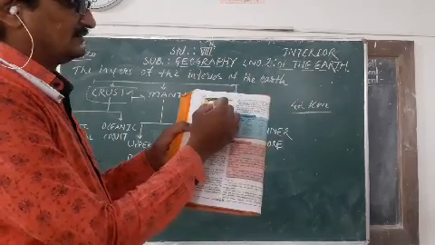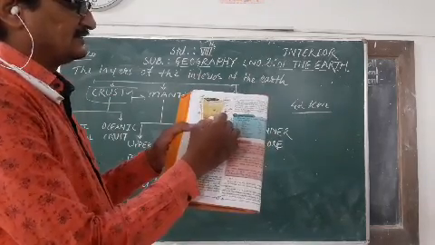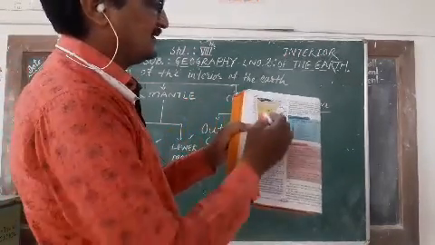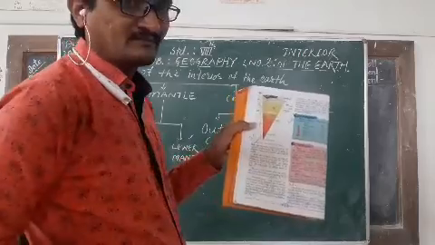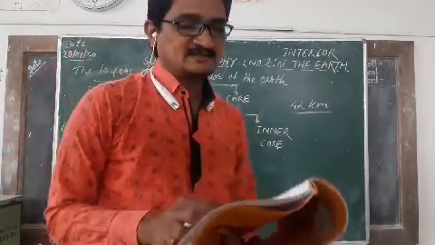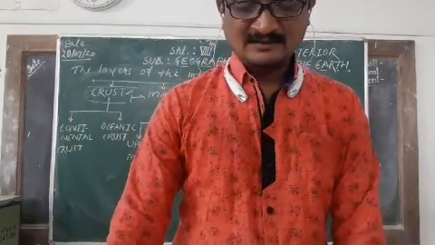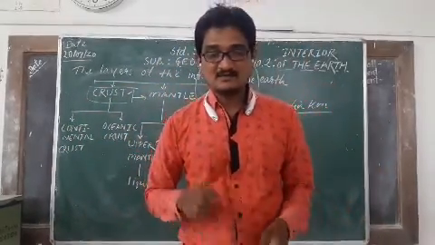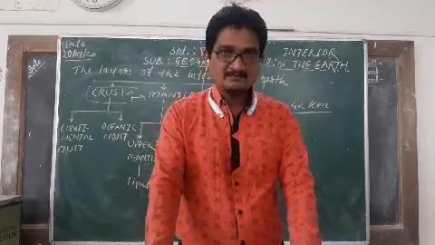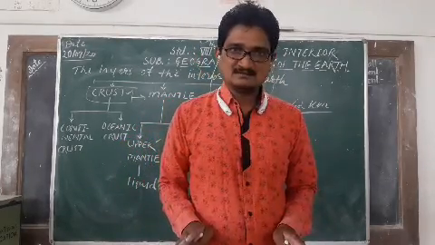Then again this is solid mantle. Okay, means lower mantle. This one. And this starts around a depth of 42 kilometers from the Earth's surface. When we go 42 kilometers, then mantle starts.